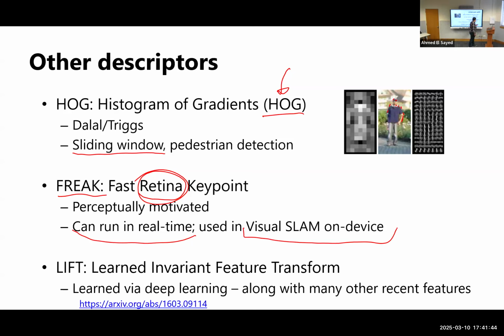Another version is called LIFT, which stands for Learned Invariant Feature Transform. In this case, they replace the S with L, so it becomes learned. They train a deep neural network on those extracted features to distinguish and match features between images.